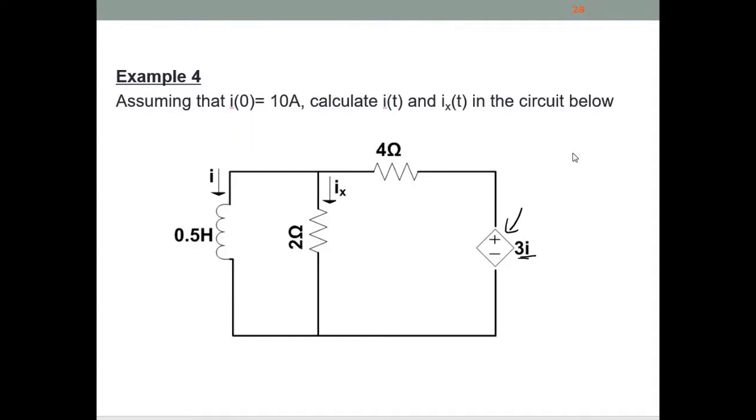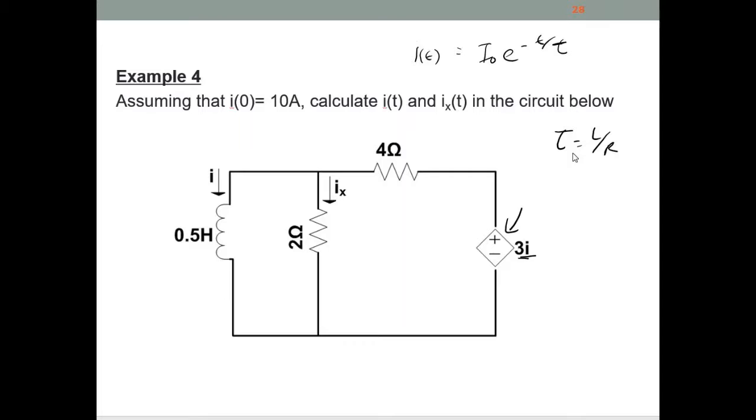But this circuit also uses the same formula, which is I0 e to the negative t over tau, and tau here stands for L over R. This is the formula to find i for the inductor. But for ix, we need to analyze using the current divider, once we obtain the i, we can proceed to find ix.